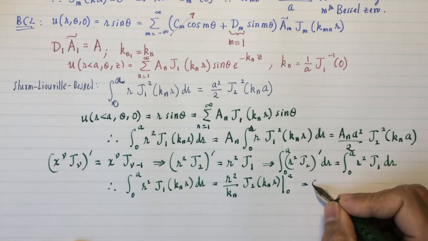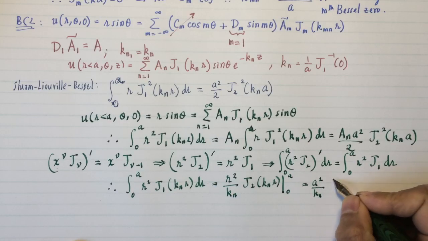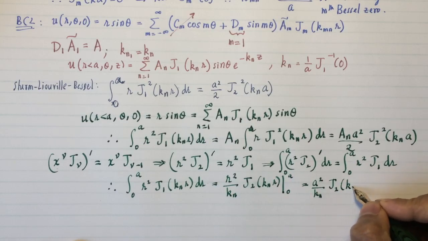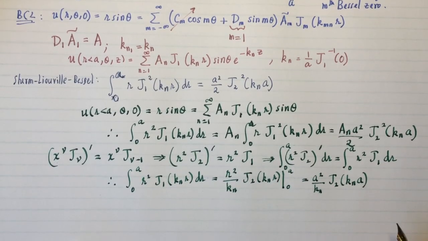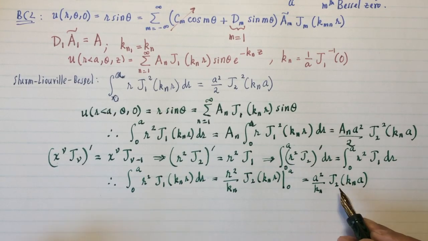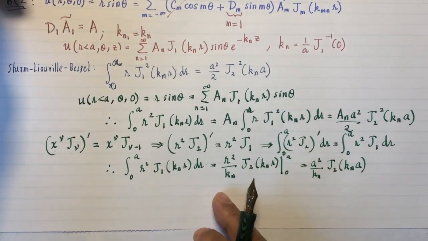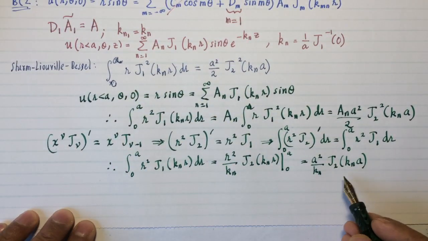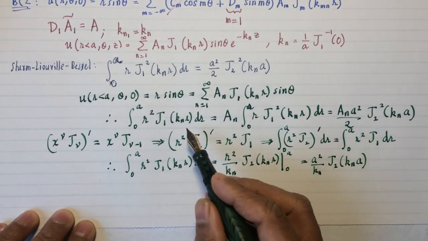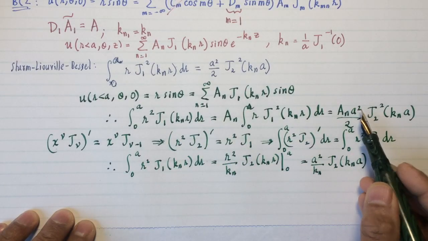But you'll end up getting a squared over k_n J2 of k_n a. That still may not console you enough, because J is a strange creature, but it can be looked up. Now that we have this integral, we can put this equal to that.